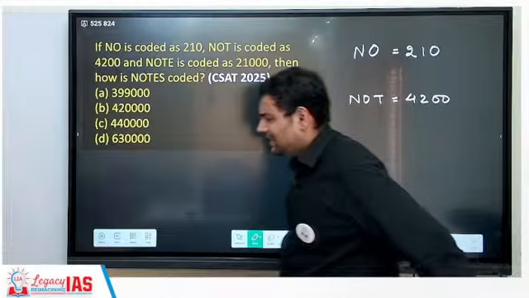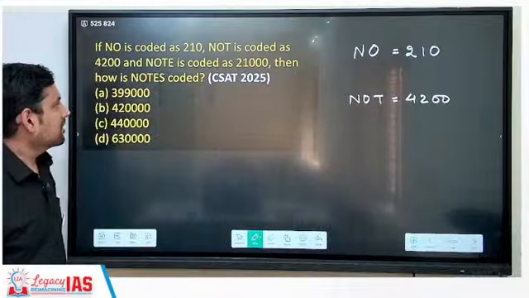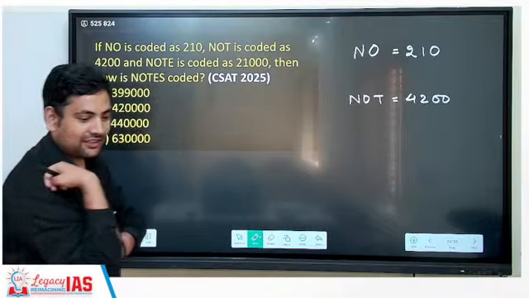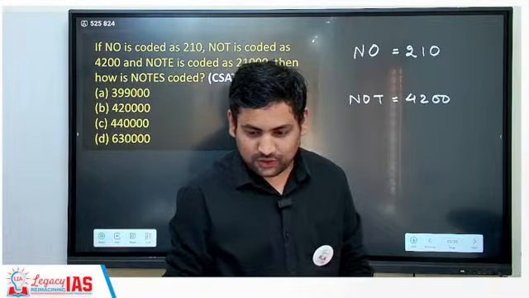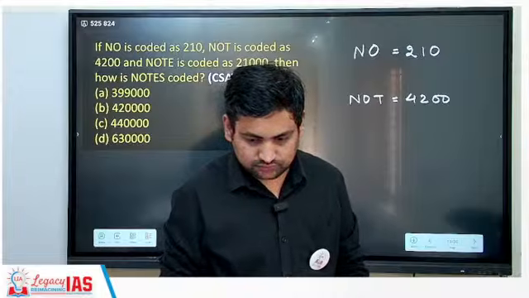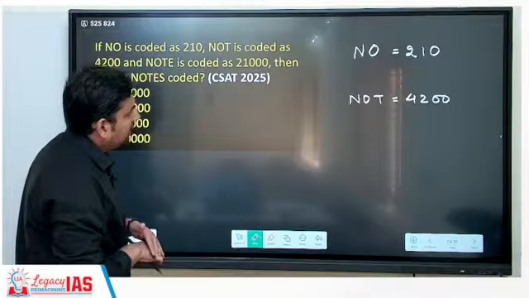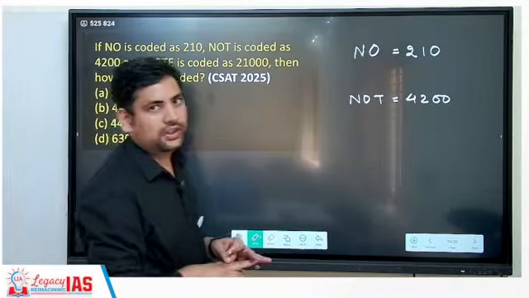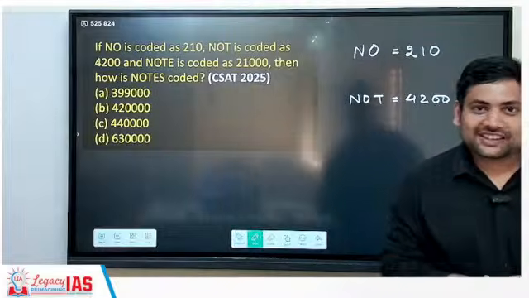Now, first thing, what is our usual pattern? What do we do when we see a question like this? First thing that we try to do here is we write the letter codes for them. Correct? This is our pattern.